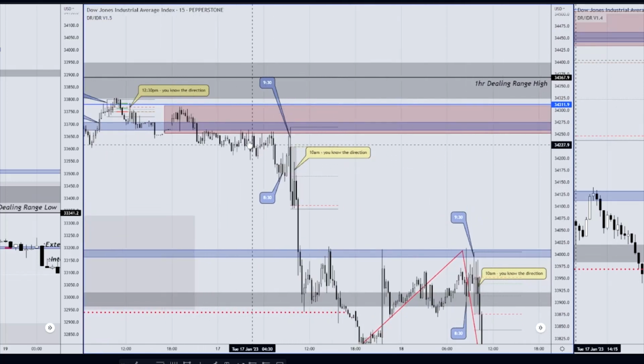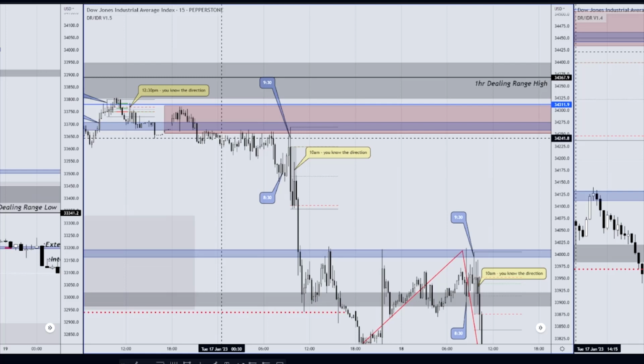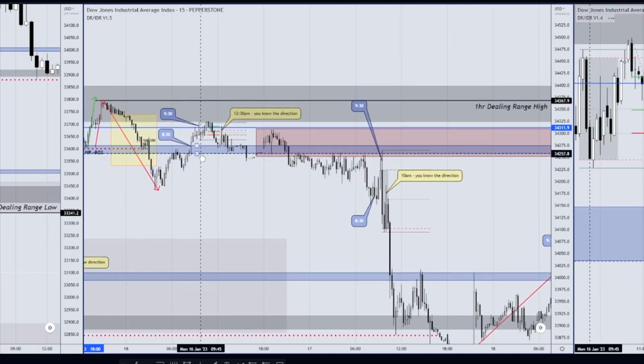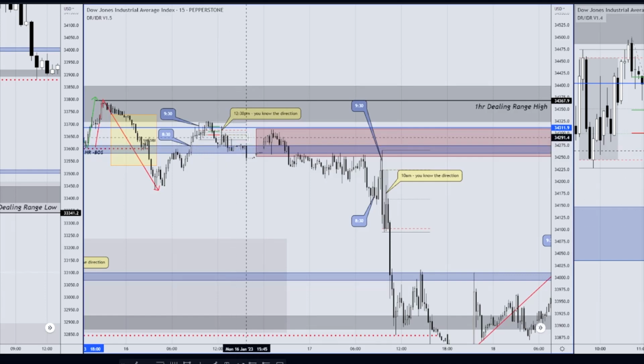Here's Tuesday. So look, that's midnight. 2 p.m.'s around this area. We have a high, a low, a higher high, break structure.